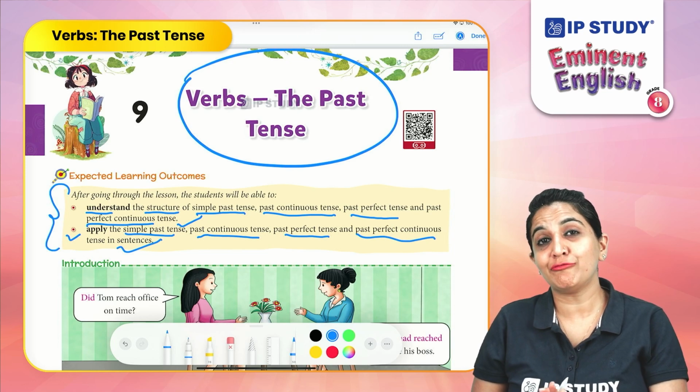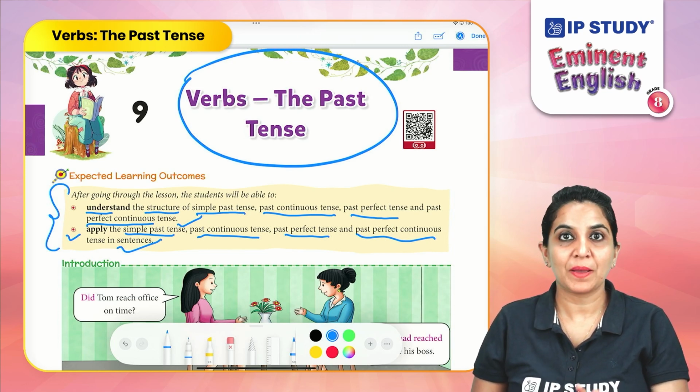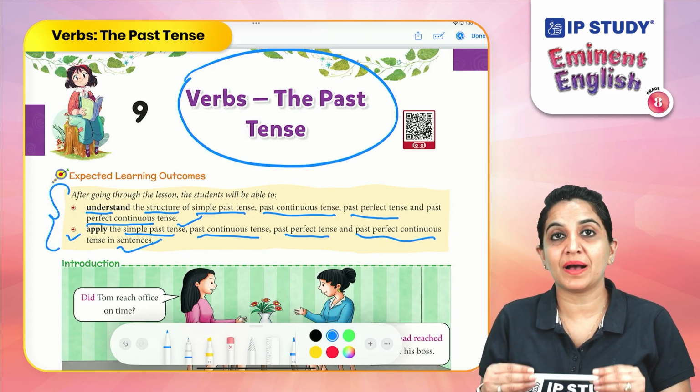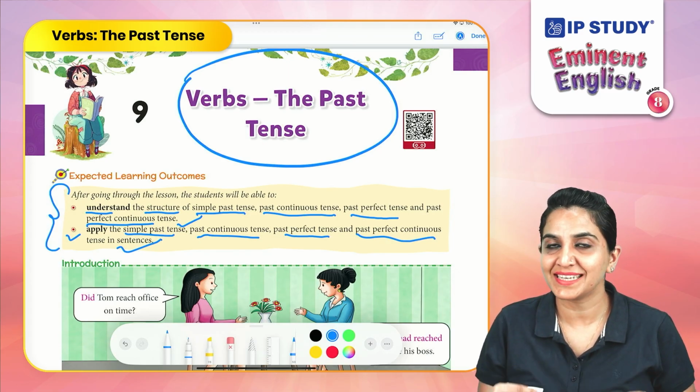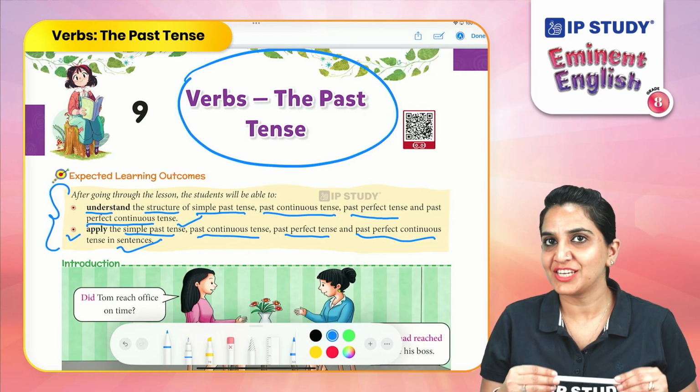So, there are 4 types of past tense: simple past tense, past continuous tense, past perfect tense, and past perfect continuous tense. We will study each of them in detail in this chapter.